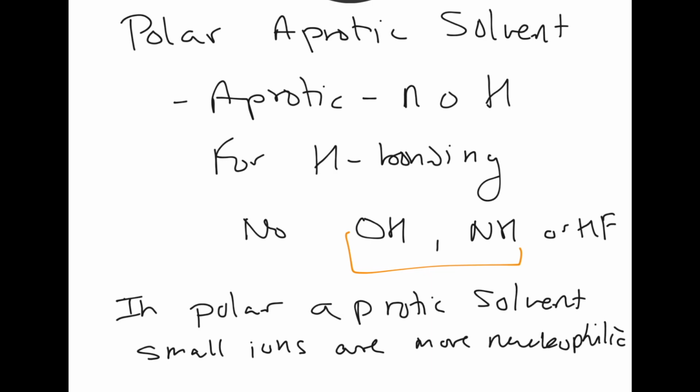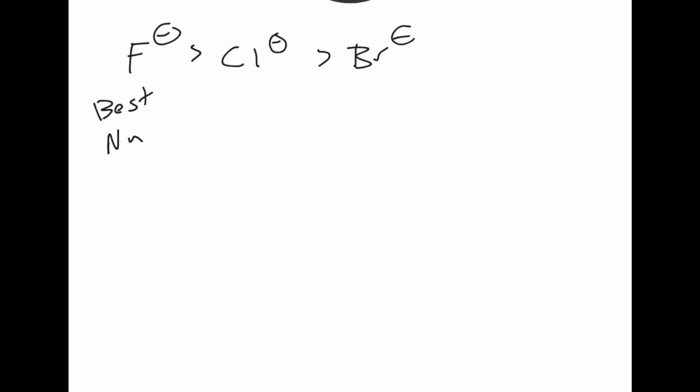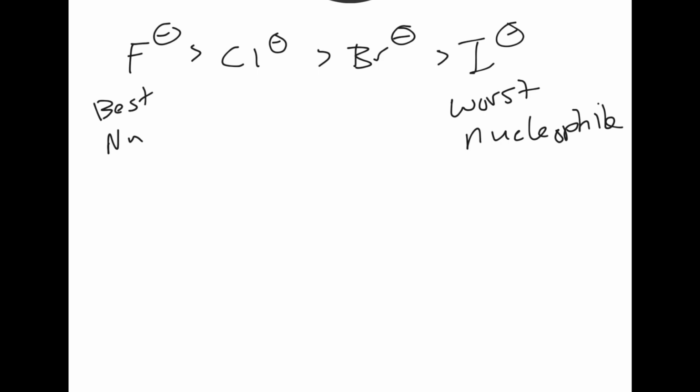And say, hey, these halides can be nucleophiles. So in polar aprotic solvents, fluorine is the best nucleophile. Then you have chlorine, then bromine, then iodide. I don't know why one got nucleophile, one got written out, but whatever. Right.